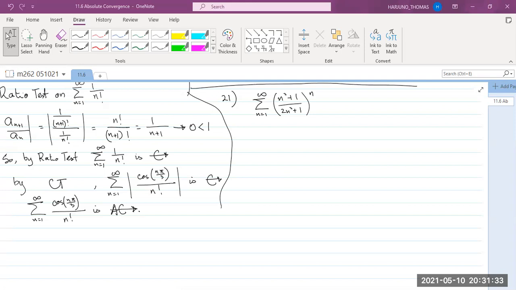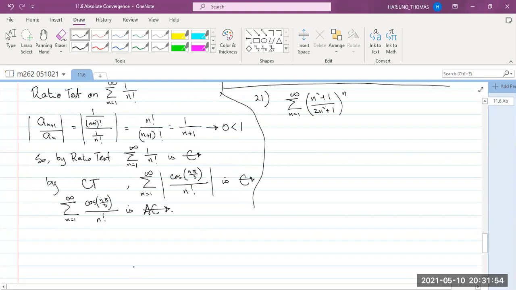Now let me go back to this number 21. If you have n on the exponent as the counter, and at the same time it doesn't look anything close to a geometric series, then you want to consider the root test.